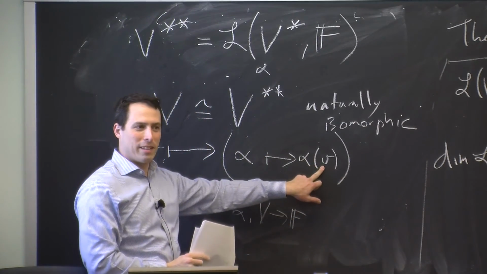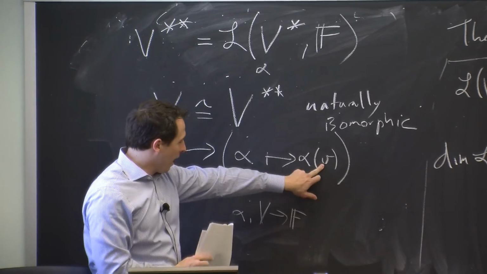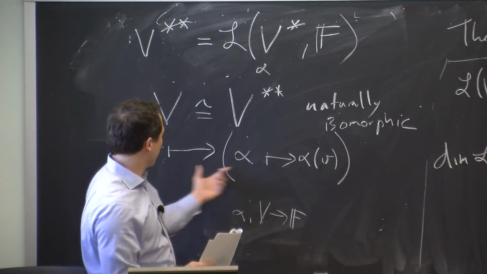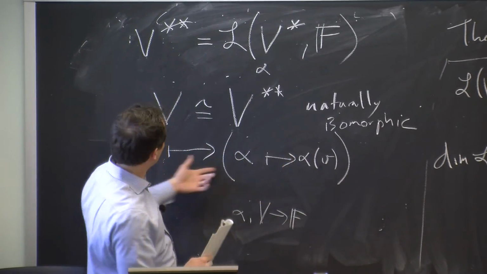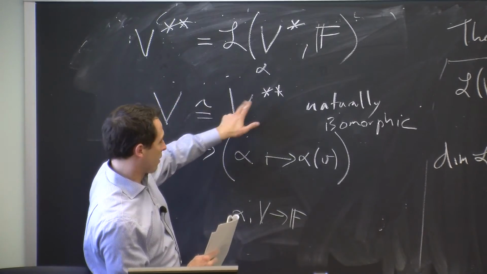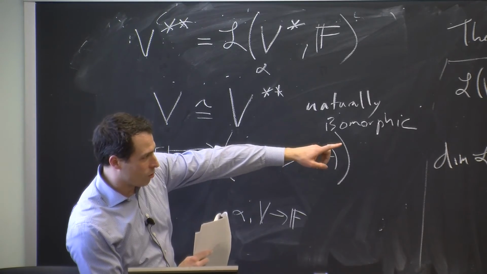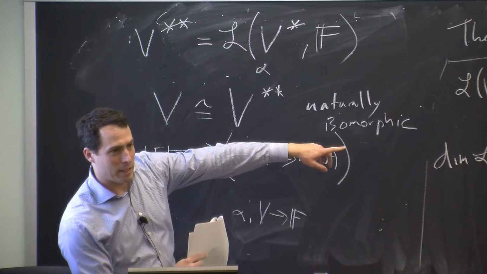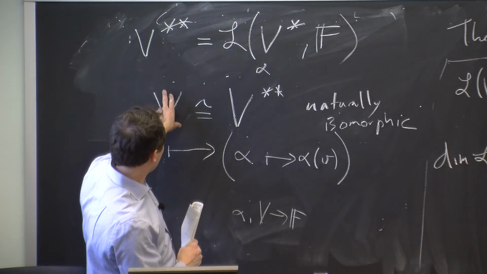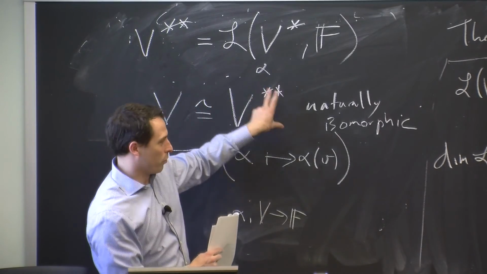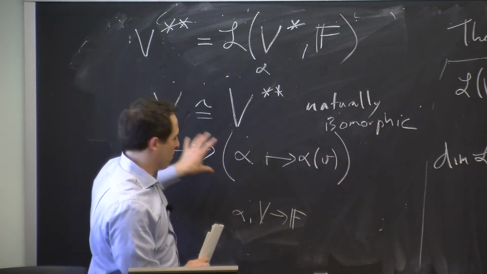So v was an element of the vector space, alpha can eat v, and that thing is a field element. So there's a lot of arrows here, but this is a way to define a canonical isomorphism. So the statement is that a finite dimensional vector space and its dual are isomorphic but not naturally isomorphic. However, a finite dimensional vector space and its double dual are naturally isomorphic by this plugging in map.